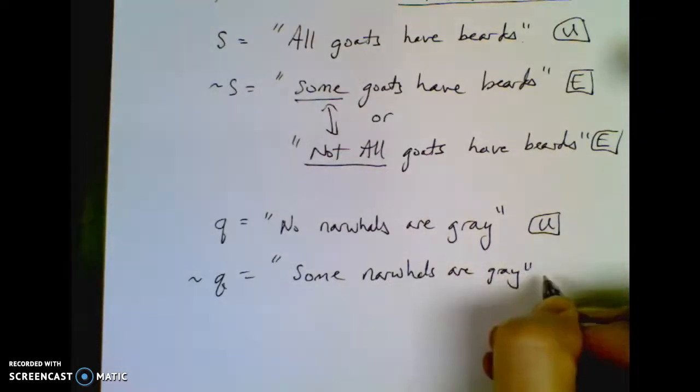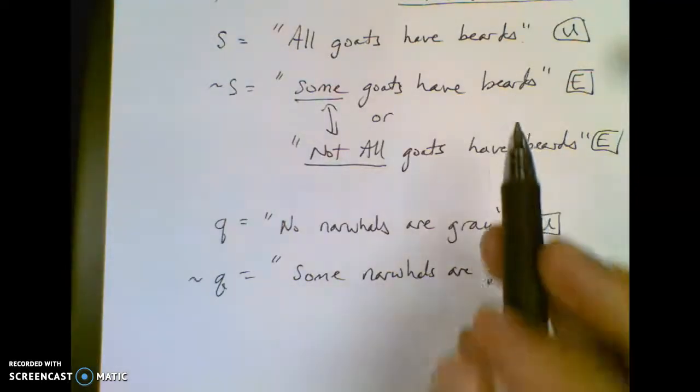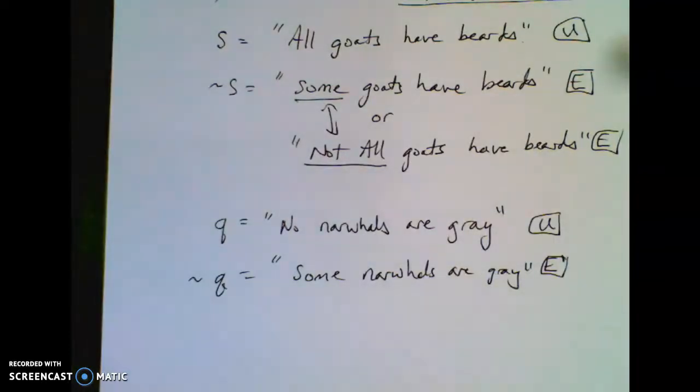If you don't know what a narwhal is, just look up a little Google image search of it. Anyway, so the negation of a universal always results in an existential.